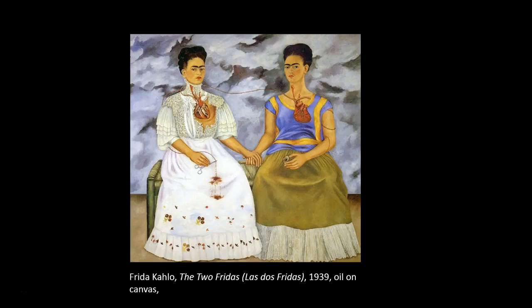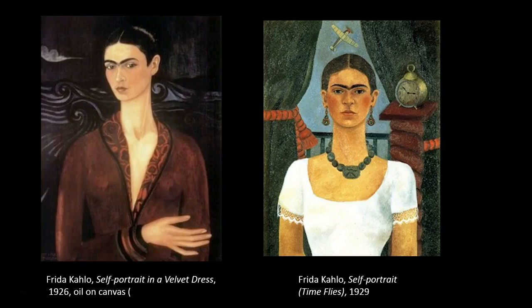Before she married Rivera in 1929, she often wore modern European dress of the era. We see that evident in her first self-portrait, this one over here, in a velvet dress with gold embroidery.